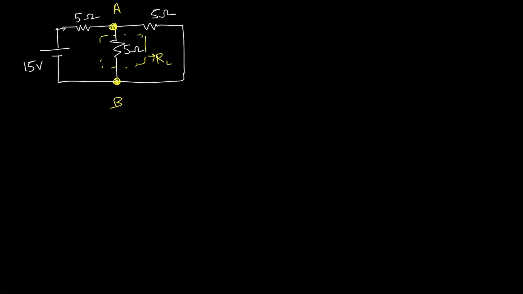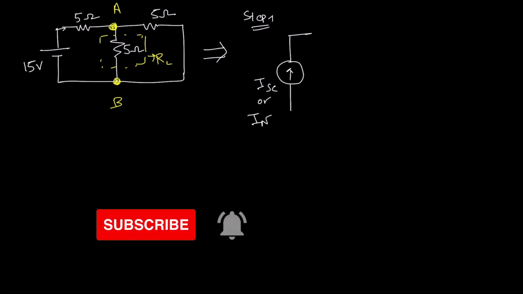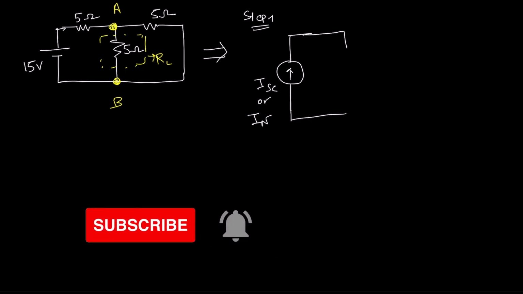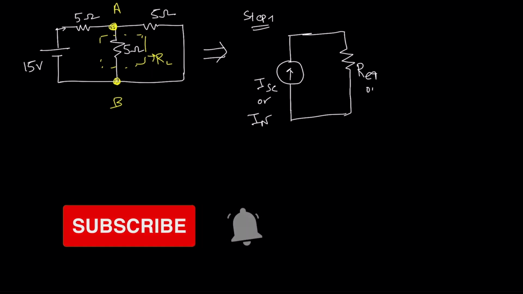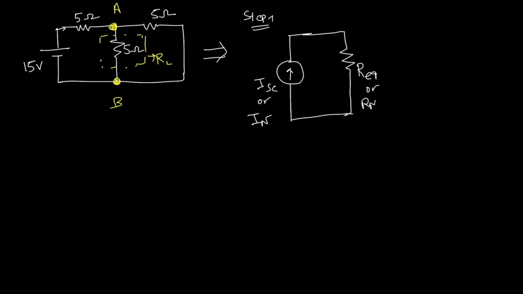Just like Thevenin's theorem, I told you the steps, right? Here also I told you the steps. First, draw the equivalent circuit. Step 1. So, what can we draw? A current source, ISC, the short circuit current, or we can write IN, in parallel with a resistance, R equivalent or RN, and in parallel with the load resistance, RL.